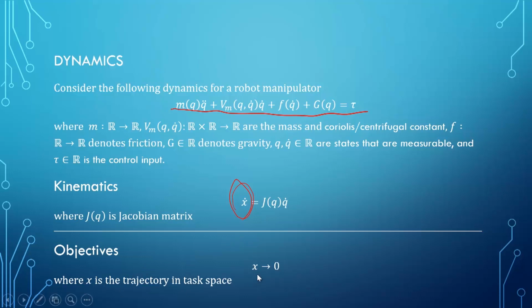So to deliver this objective, we need to design torque to control the q's such that this x can be 0. In other words, the objective is designed for this first system, but the control input is in the second system. So we consider this is system 1, this is system 2.